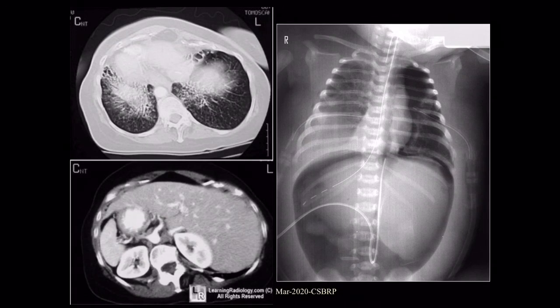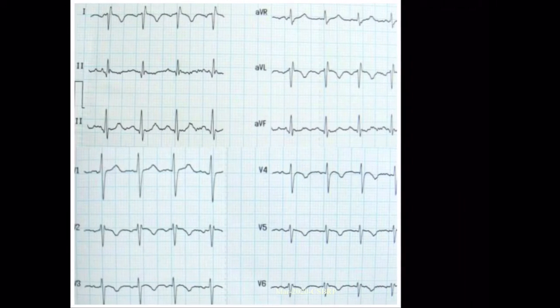So these are the Kartagener syndrome radiographs. You can appreciate the presence of dextrocardia and the left-sided liver, so situs inversus. The cross section of the lung is showing some radiopacities. Probably this is infection or bronchiectasis. So it is a case of Kartagener syndrome, situs inversus and bronchiectasis.